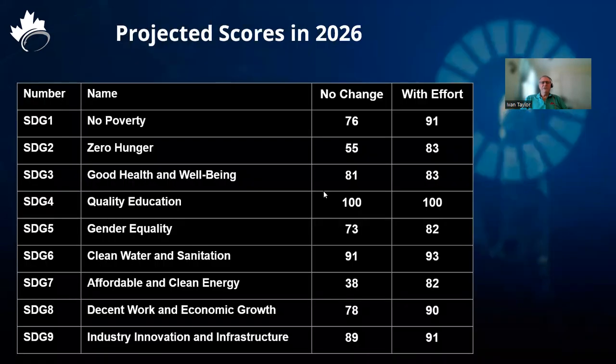Here are the results of the projections when we have no change and when we apply this effort. So we can see here that most of the SDG scores with effort have increased substantially from the no change scenario. So you see, in particular, affordable and clean energy has increased quite significantly from the previous projection.